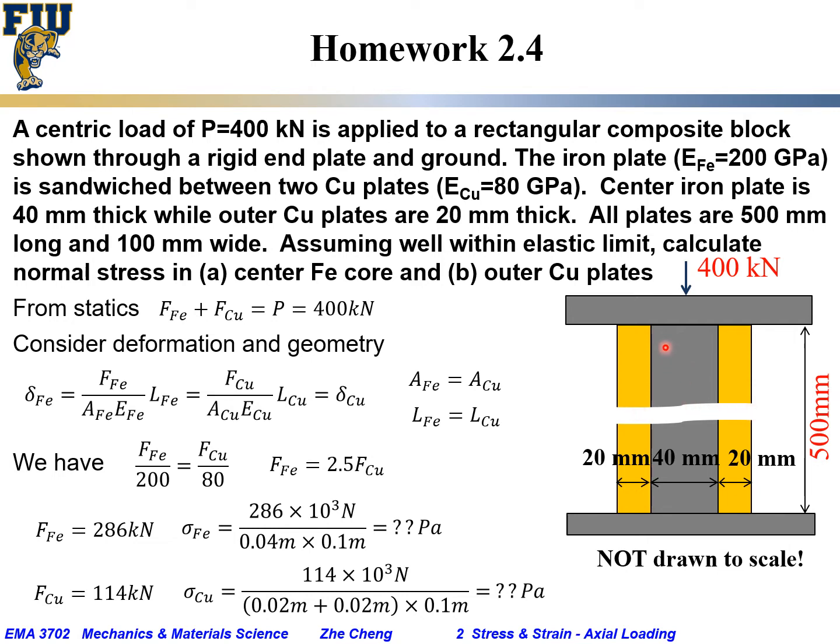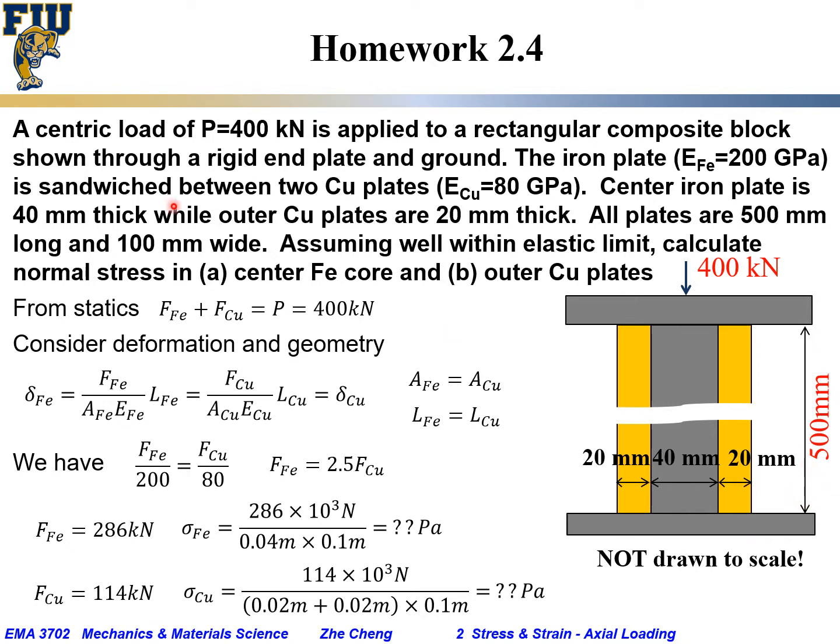Again, we assume each of these blocks is rectangular with 20, 40, 20 millimeters in width, the other dimension going into the paper is 100 millimeters wide, and the total length is 500 millimeters along the axial direction. Of course, it is not drawn to scale.